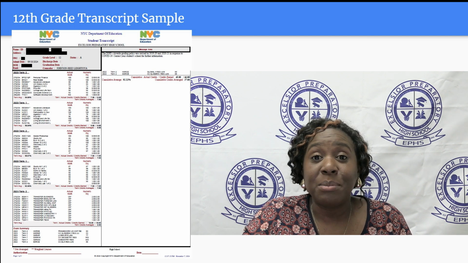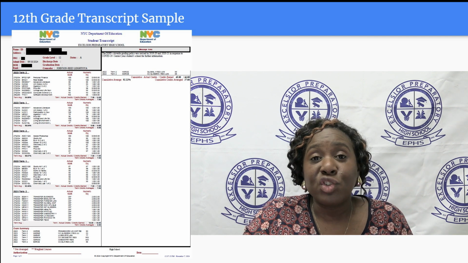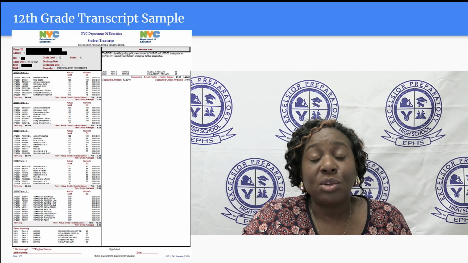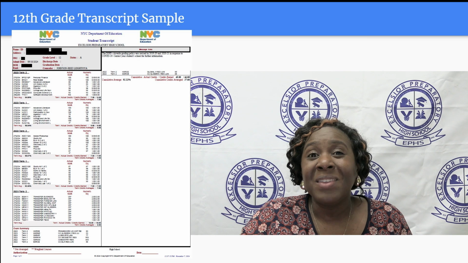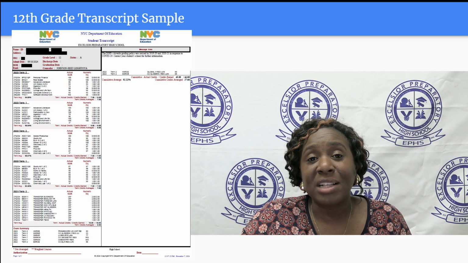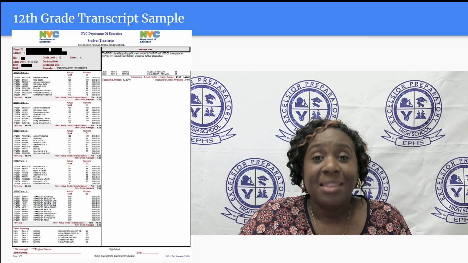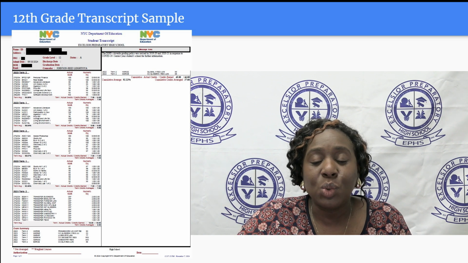That's why sometimes you may believe that your child is an 11th grader coming to New York City, but when we look at their transcript from the previous state or the previous country, we will see exactly what they passed. And we use their transcript from that country, or from that state, to determine what they actually passed. Now, when we take those passing grades, they come into our transcript only as a credit.